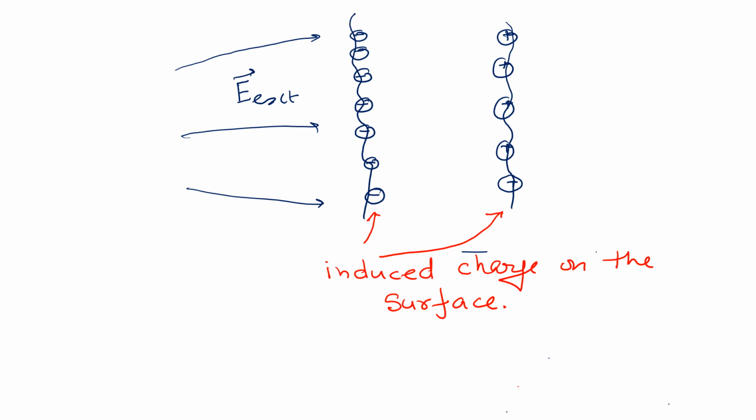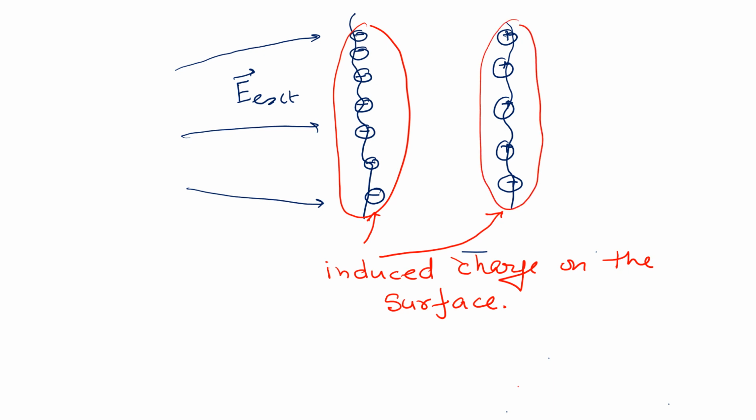So when I have this conductor, I apply an external electric field. The charges will start collecting on the surface, and on one surface, as I have drawn it, I would start collecting negative charges, and on the back surface where these charges have come from, I would create positive charges.